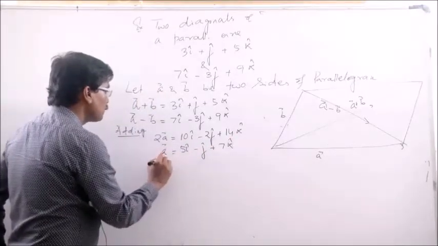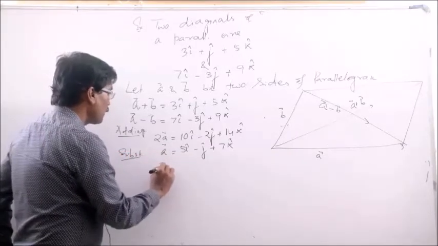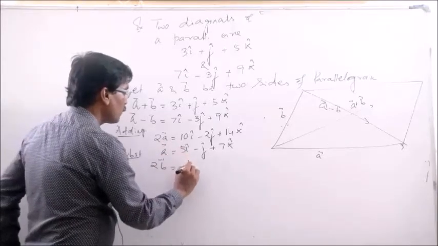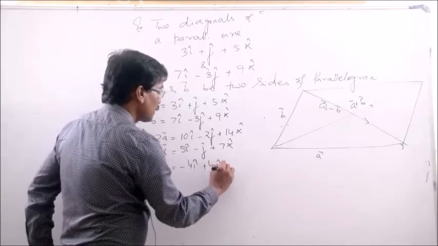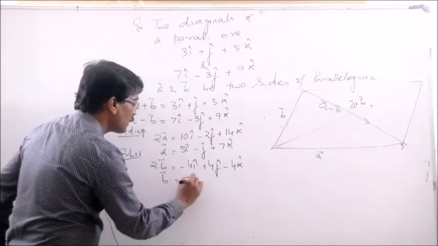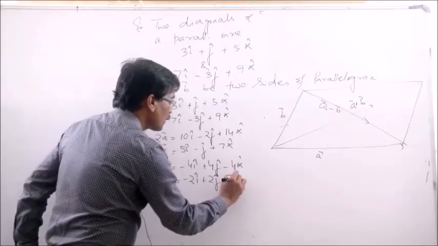Similarly, by subtracting, 2B vector is equal to minus 4 i cap plus 4 j cap minus 4 k cap. That is, B vector is equal to minus 2 i cap plus 2 j cap minus 2 k cap.